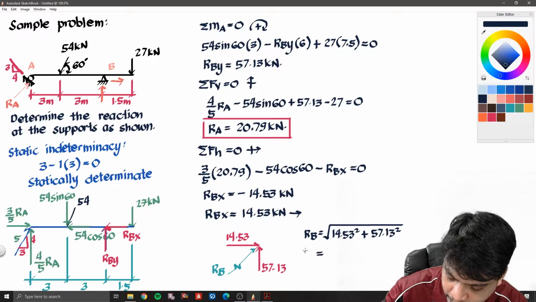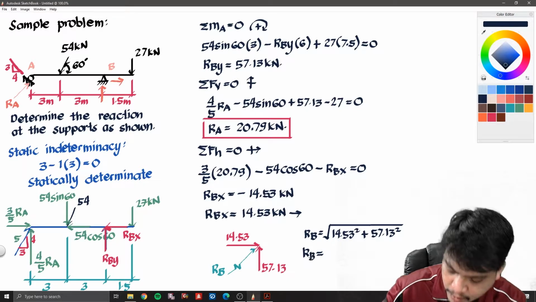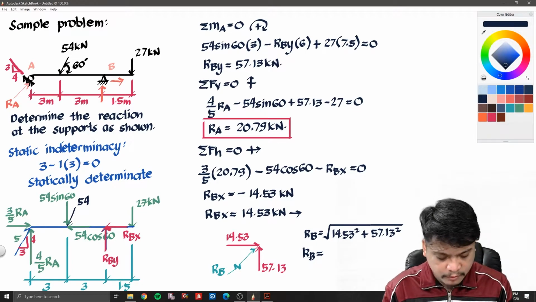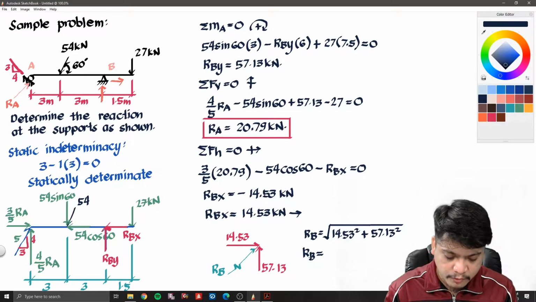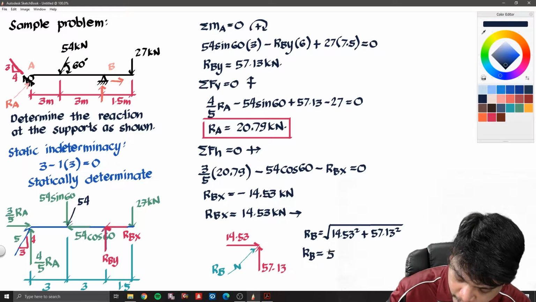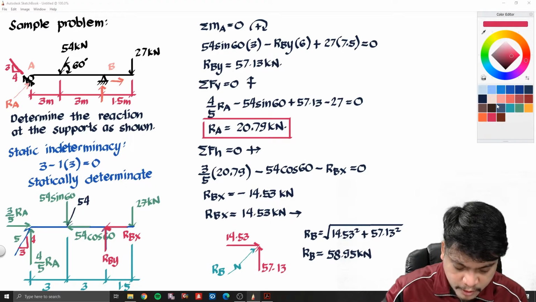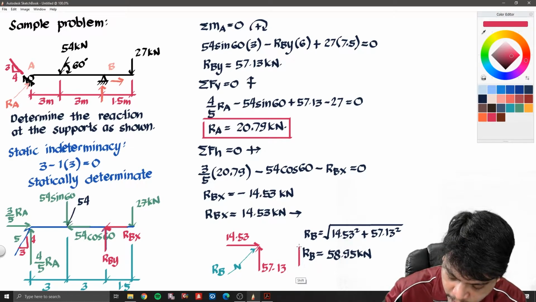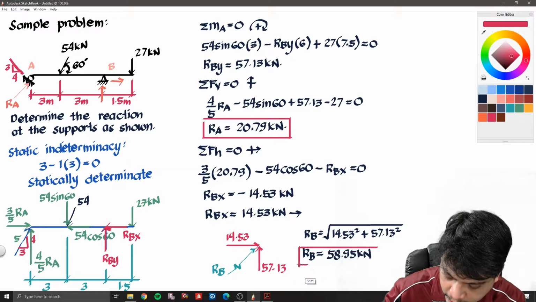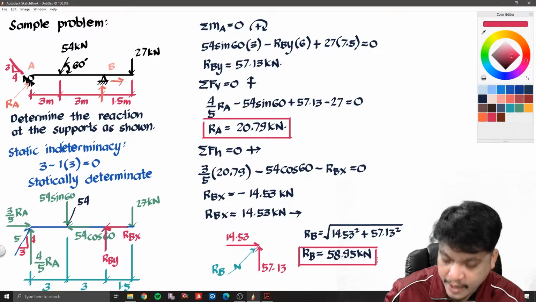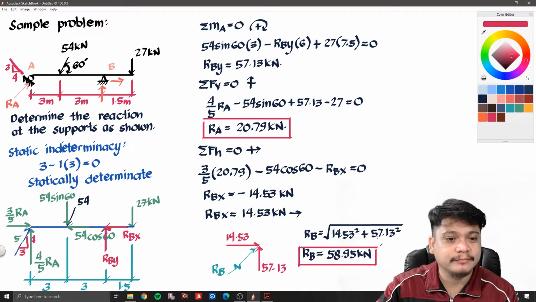So you will now have the reaction at B. So that would become equal to square root of 14.53 squared plus 57.13 squared. So you will be having here 58.95 kilonewton. Alright, so this is now the answer for the reactions at A and then reactions at B. Question?